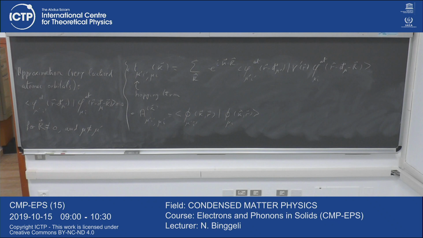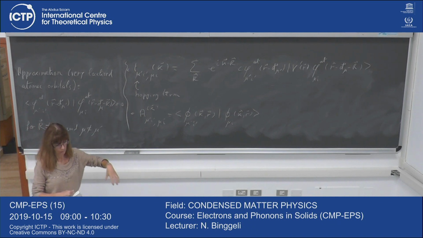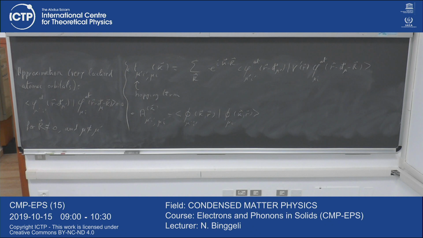So we will consider this non-zero only when we have the orbital on the same atom. Okay? So this is the approximation that corresponds to orbitals that are very, very localized near the atomic site. And so we neglect the overlap when the wave functions correspond to different atomic sites.